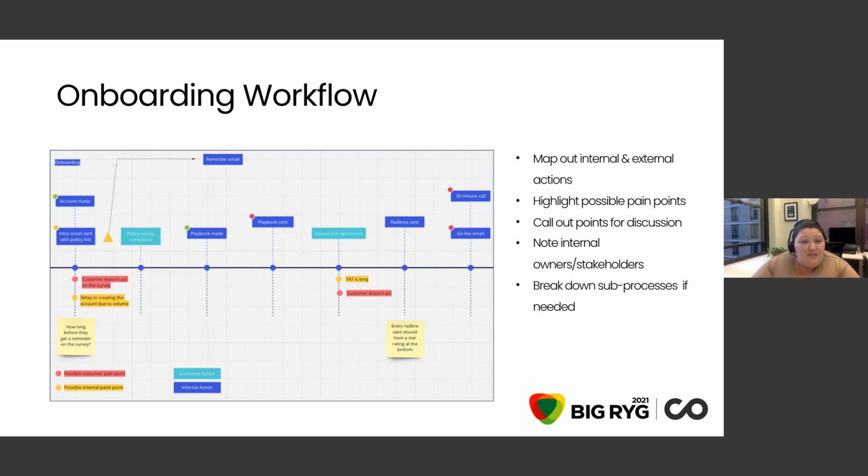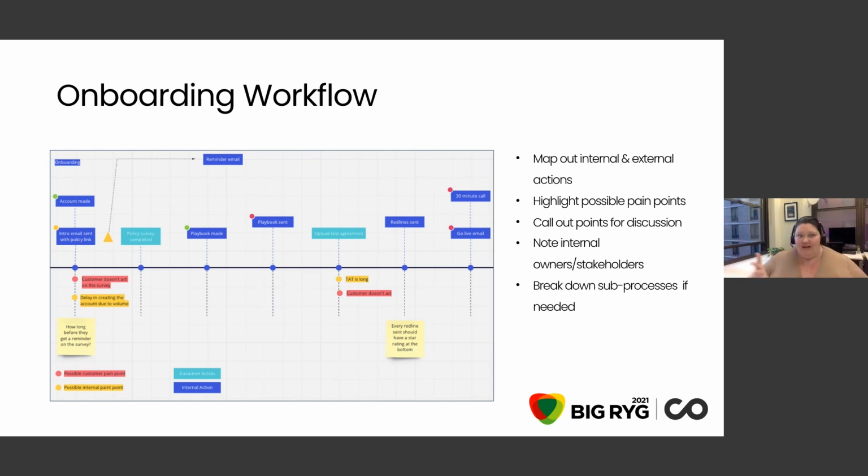Those indicate the different stakeholders, because it may be that it's not the customer success team that's doing something, it's the product team, or it's an onboarding team, or it's a technical account management team. So mapping out not just the actions that need to be taken, but who actually owns those actions. And then also potentially mapping out sub-processes.